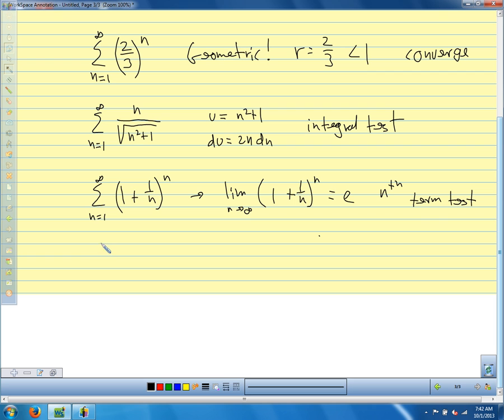How about, it's important to recognize this limit. This comes up frequently. N equals 1 to infinity, 1 over n times the natural log of n to the third. What test are we going to use here?